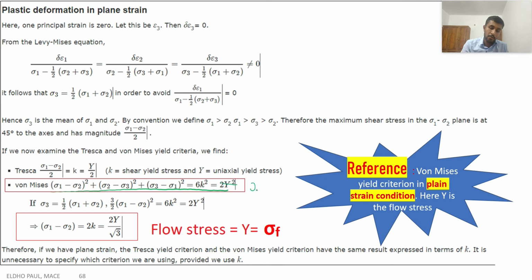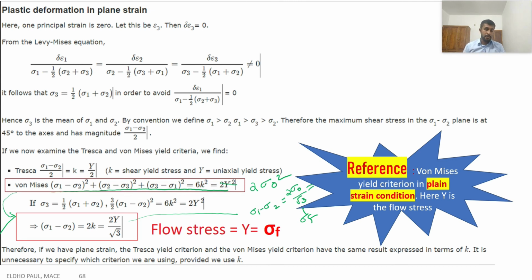In the plane strain case, this equation can be converted to sigma 1 minus sigma 2 equal to 2 sigma 0 by root 3, which is equal to sigma f or sigma dash f, the flow stress of the material.